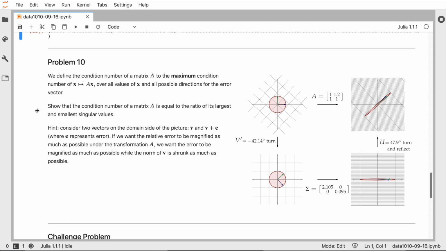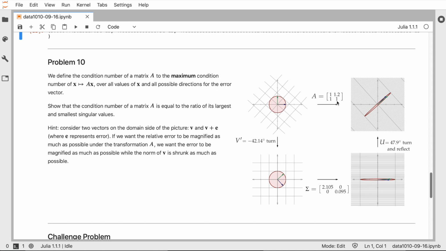So conceptually, what we want to do in this worst case thinking is find a vector that gets shrunk down by a lot so that the relative error measured on the output side is going to be as large as possible. And we should find a direction for the error vector which gets stretched as much as possible, because we're trying to maximize the error. So we're trying to maximize error, minimize the magnitude of the output so that we're maximizing the relative error. And the singular value decomposition just gives us a totally direct way to do this.